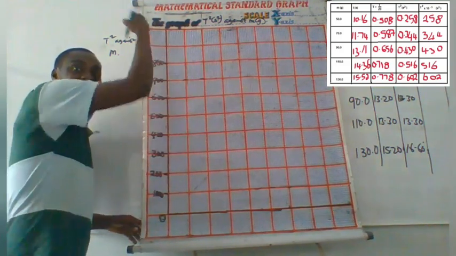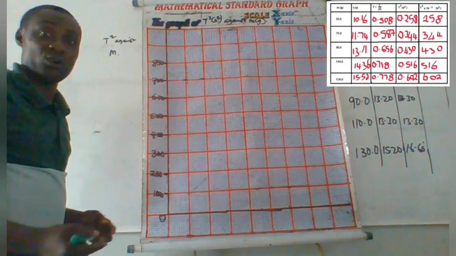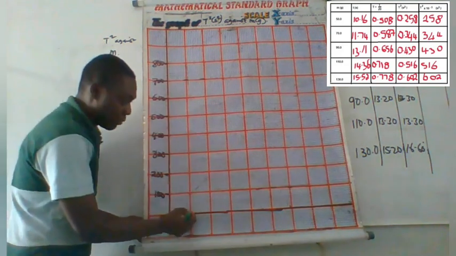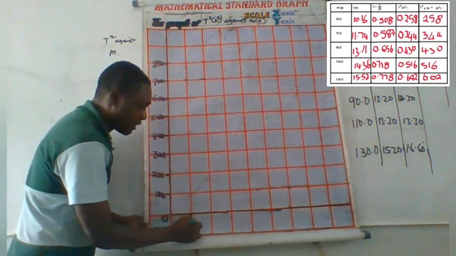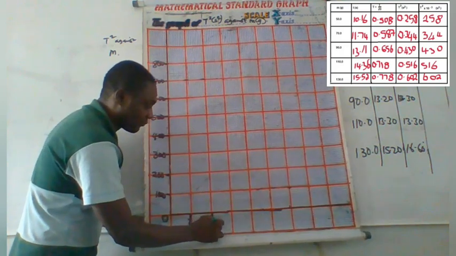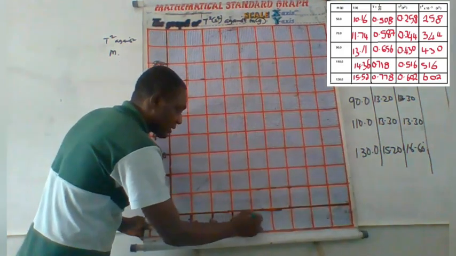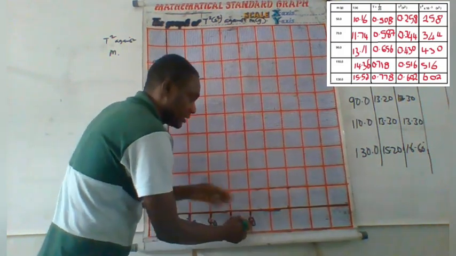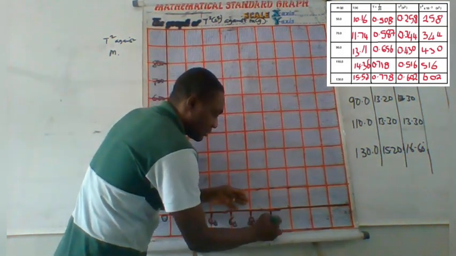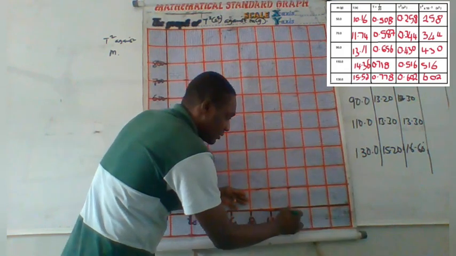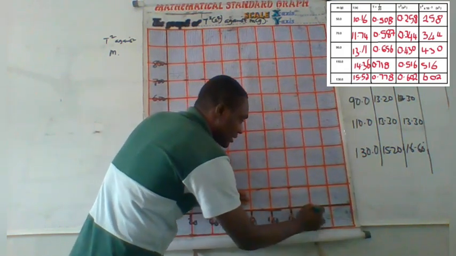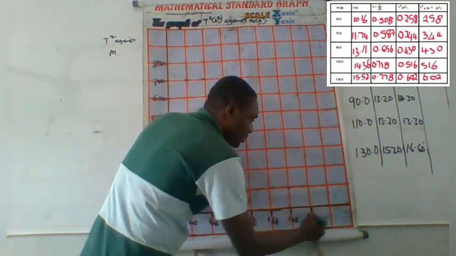I want to extend the graph up so that it becomes very big. So here we agree that we're going to use 20, 40, 60, 80, 100, 120, 140.